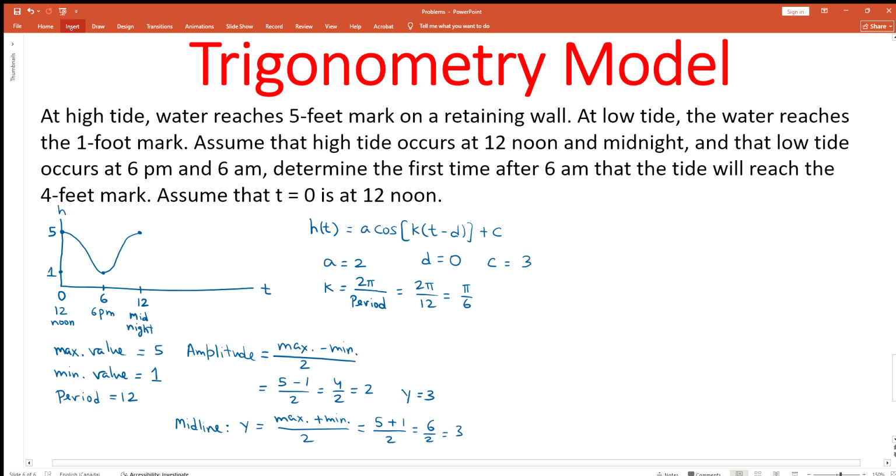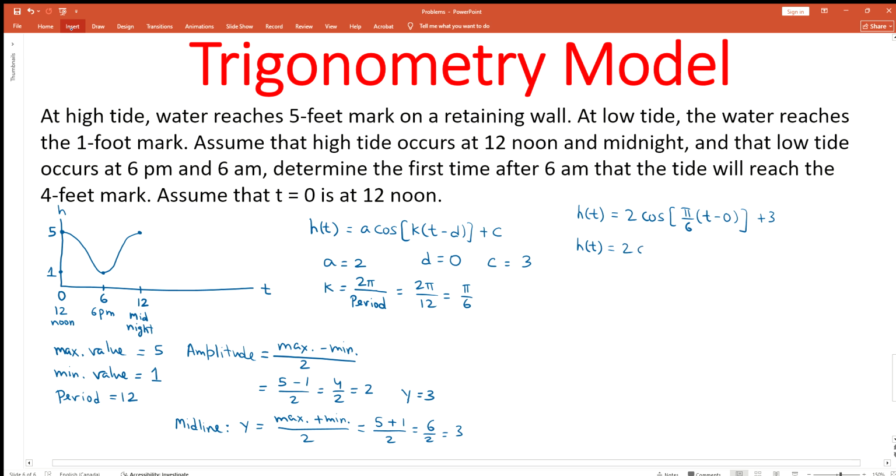So the equation for this graph is h at t equals 2 cosine pi over 6 times (t minus 0) plus 3. T minus 0 is just t.